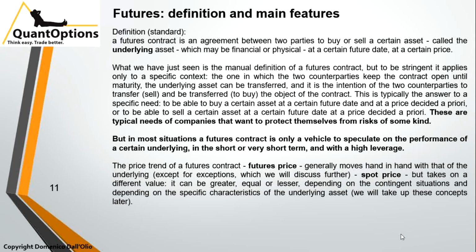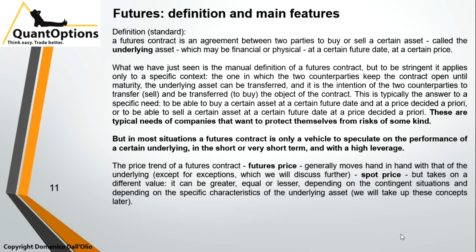What we've just seen is the manual definition of a futures contract, but to be stringent, it applies only to a specific context, the one in which the two counterparties keep the contract open till the maturity, the underlying asset can be transferred, and it is exactly the intention of the two counterparties to transfer and to be transferred the object of the contract.